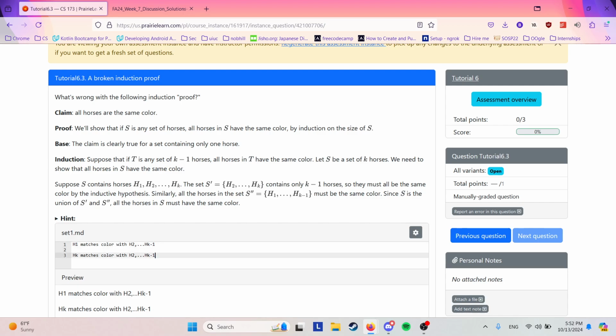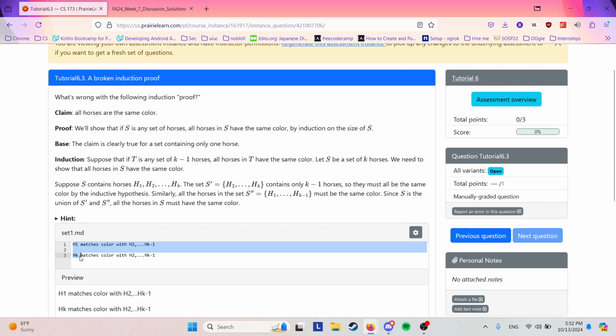So our inductive step relies on the fact that we can say h1 and hk have the same color because they match colors with h2 through hk minus 1. So we're implicitly relying on there being some overlap between these two sets in order to conclude that h1 and hk have the same color.